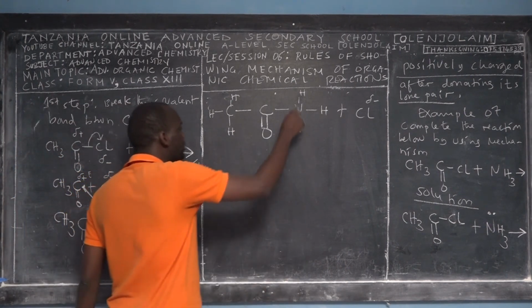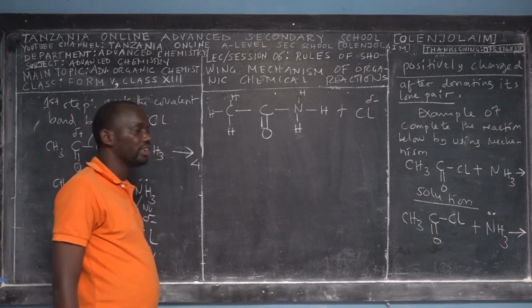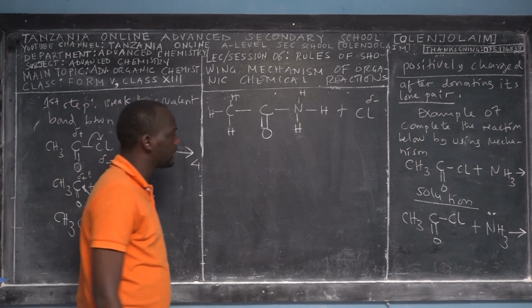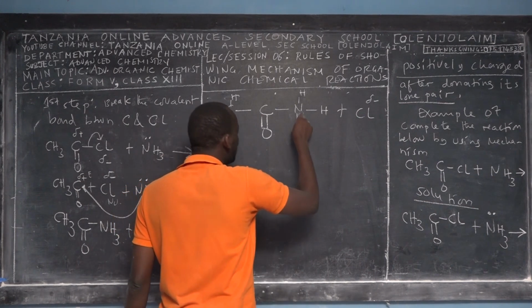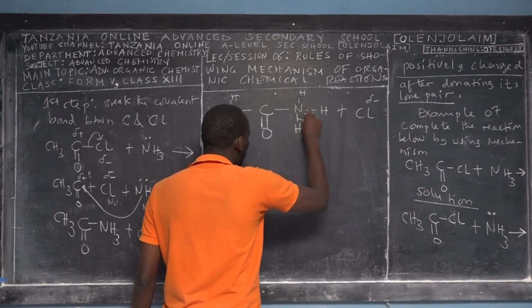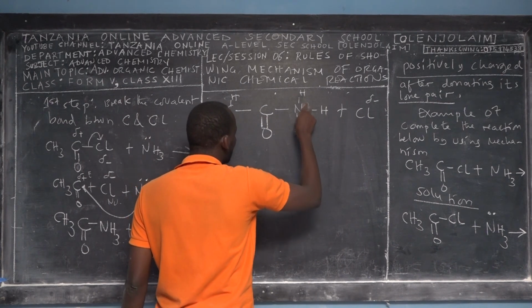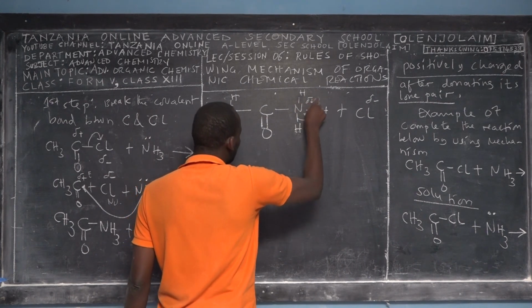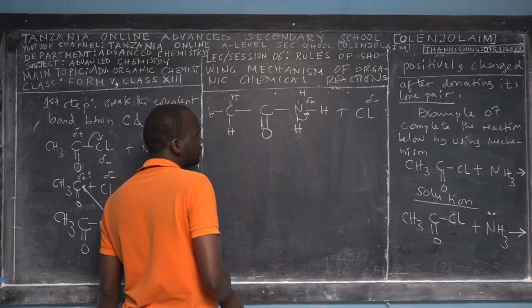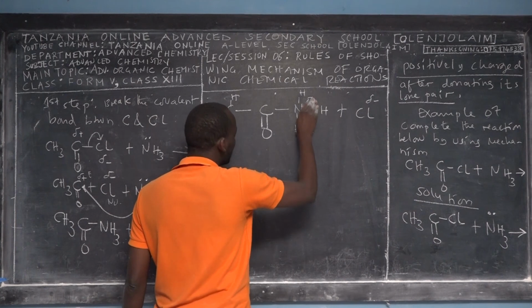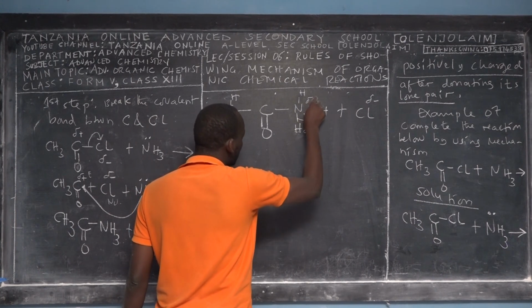Between nitrogen and hydrogen, the more electronegative is nitrogen, and hence there's a high electronegativity. So when this bond breaks, nitrogen will withdraw the electrons that it has contributed, and nitrogen will become partially negative, and this will become partially positive.